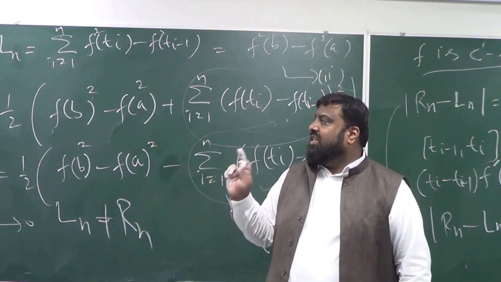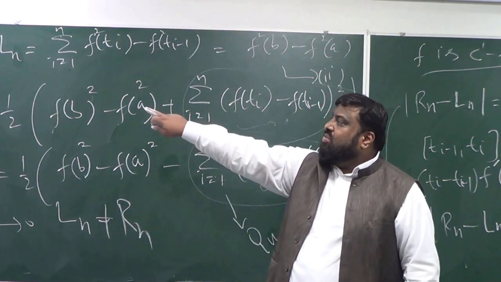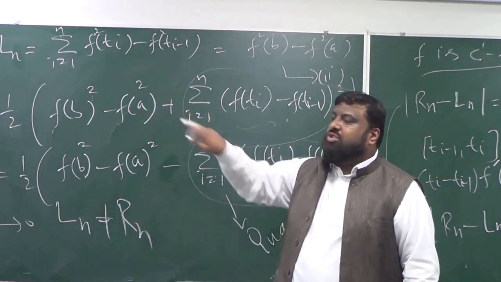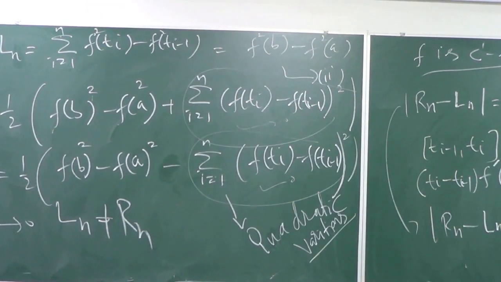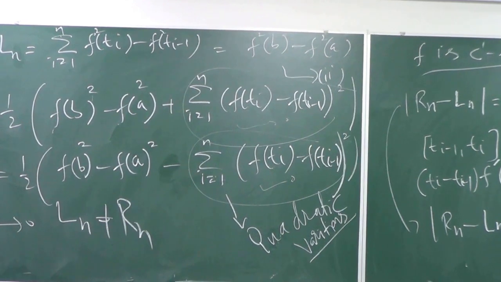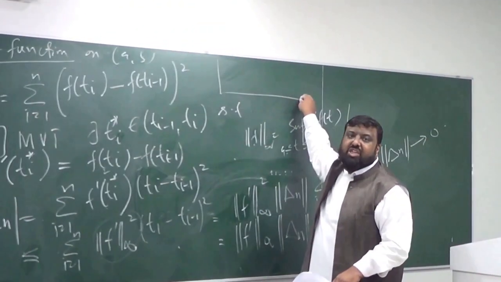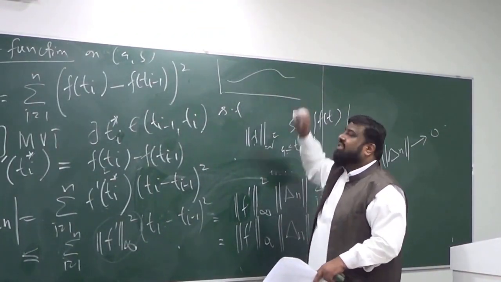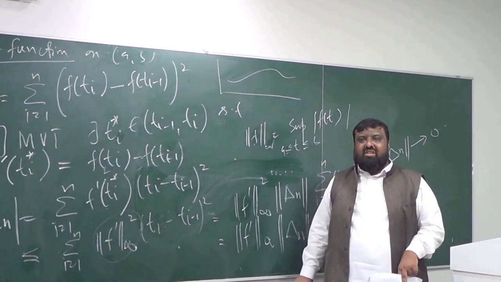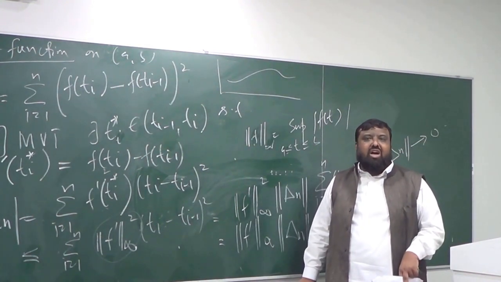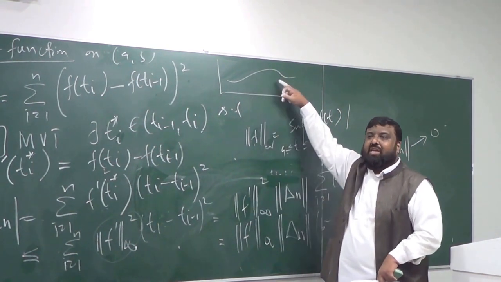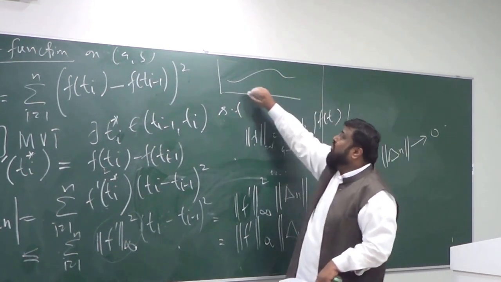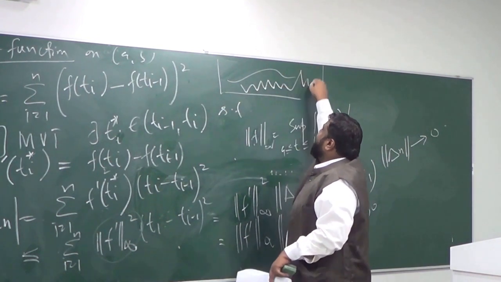One of the key things that we have to keep in mind: I have assumed that f is continuous from A to B. One of the biggest misconceptions that we have in our head is that whenever we think of continuous, we think of this. If I say draw a continuous curve for me, 99% of the people are going to draw this. No one is going to draw this.